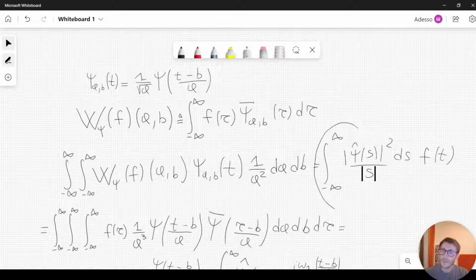So if we divide by this integral, we find f of t written in terms of the wavelet transform. So you can see that we have this somewhat complicated double integral. We have to integrate over a and over b. So we are spanning all these functions psi sub ab. We are changing a, we are changing b.